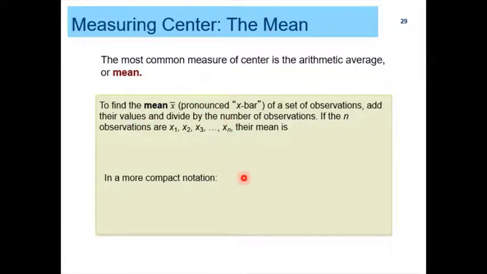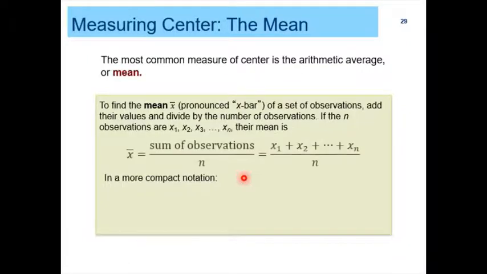So if there are n observations, x1 to xn, their mean is the sum of the observations divided by n. That is the more mathematical way to say it; in everyday language, the sum of observations divided by n is the average.